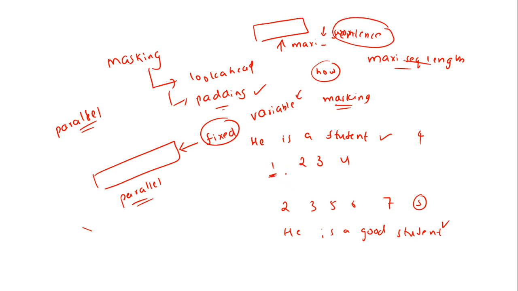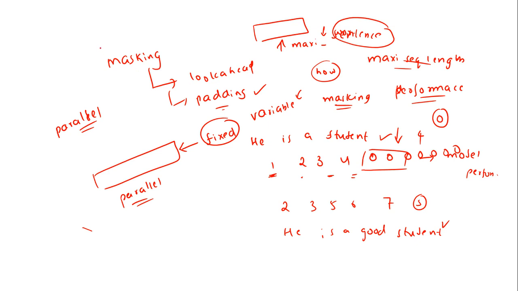So how can we achieve this? Here we have 1, 2, 3, and 4. We cannot randomly add garbage values because it will affect our model performance, right? So what they usually do is add zeros at the end. But adding zeros can also affect the model performance.